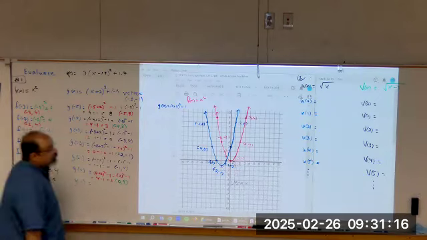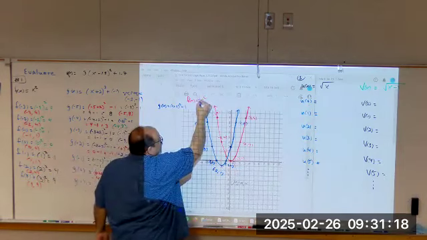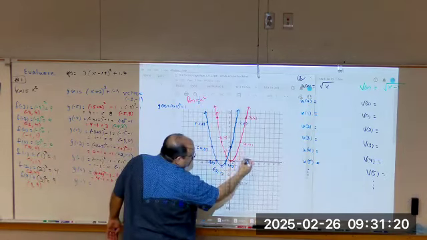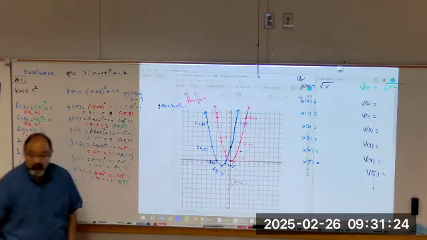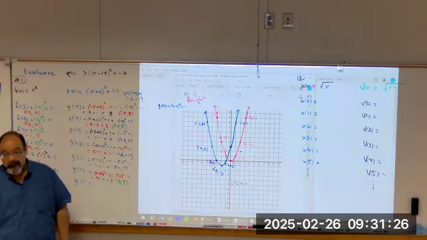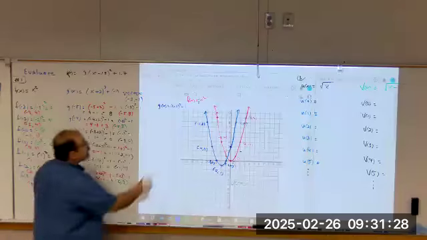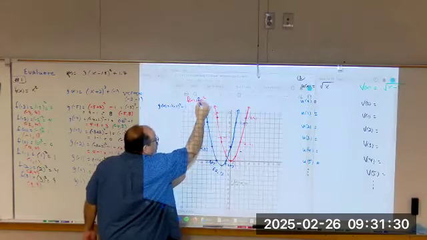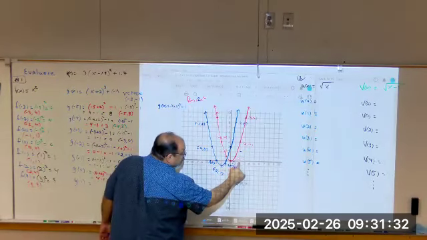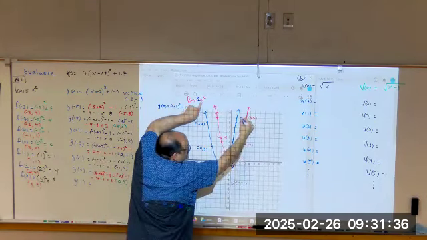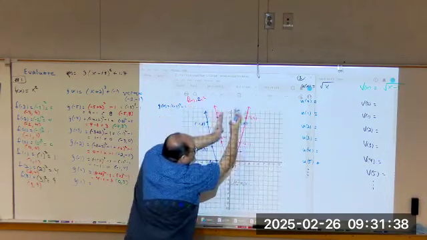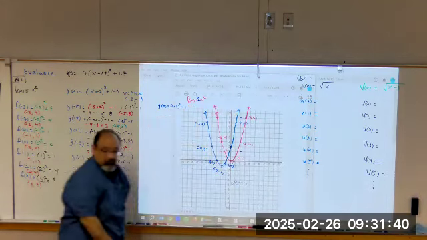If I put a half in front of x squared, then instead of getting a 4, I would only get a 2, so it widens out the graph. But if I put a 2 in front of it, when I plug in 2, I would double the 4 and be up here at 8. So it would go a lot higher, a lot quicker, and it would narrow the graph.